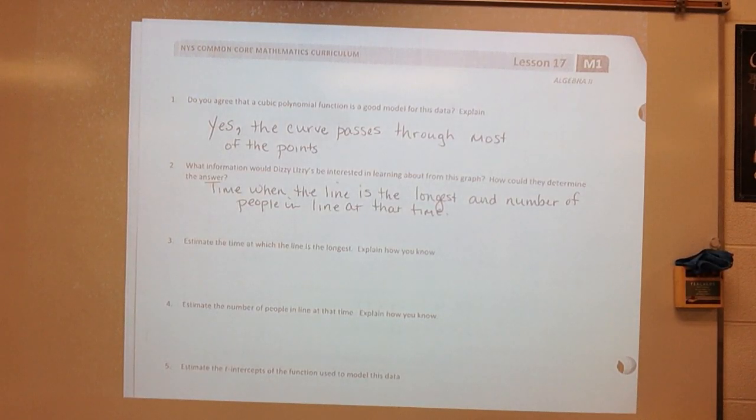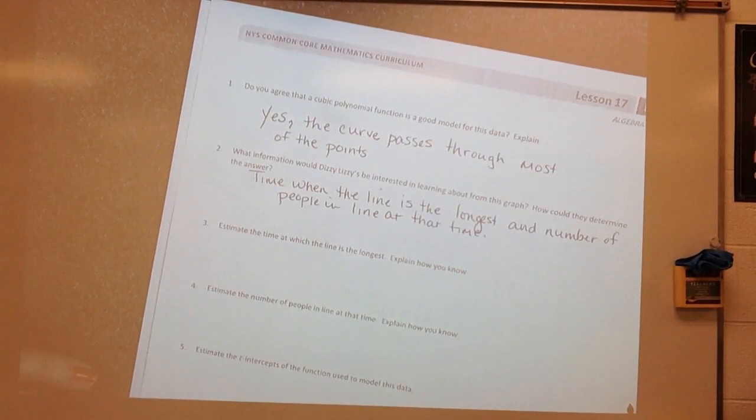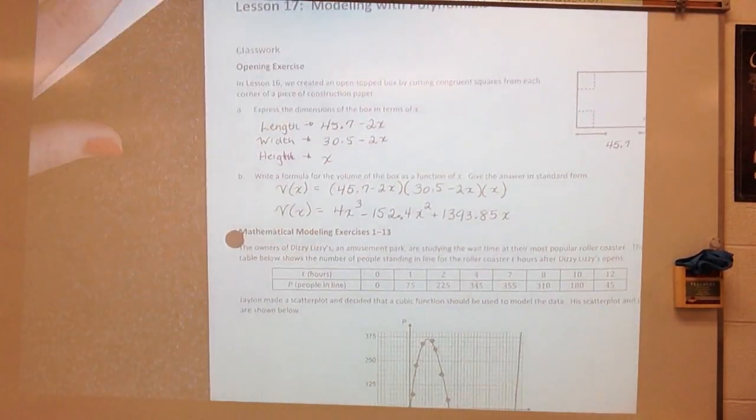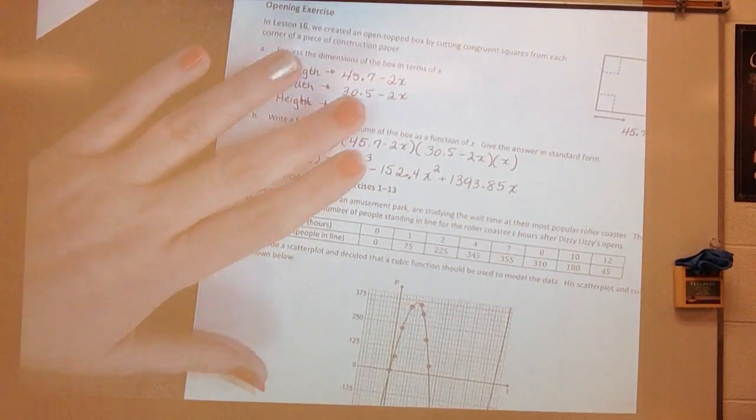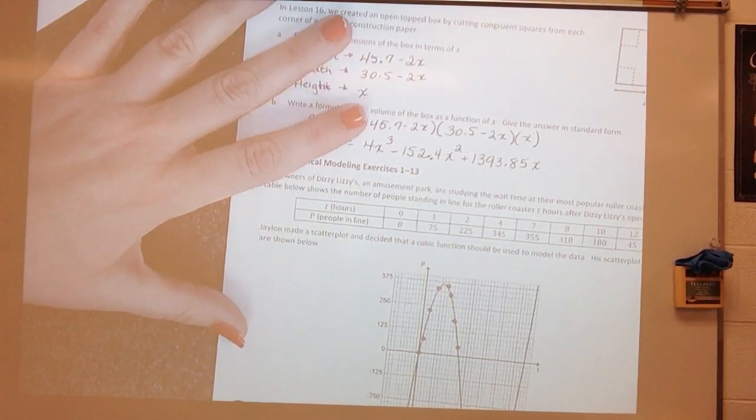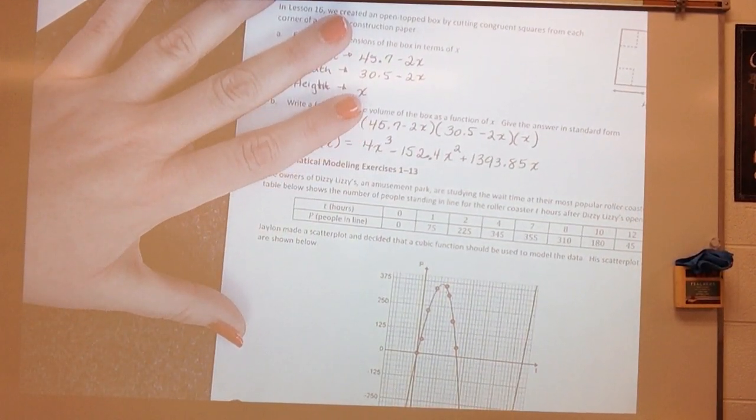So how would they determine the answer to this? So to find this out, you could predict the number of people in line at any time during the day. All right. But if I wanted to know when the line is the longest, here's my number of hours after the park is open. All right.